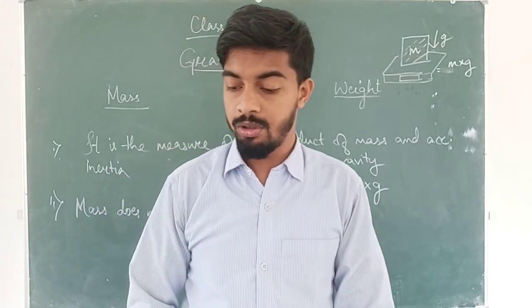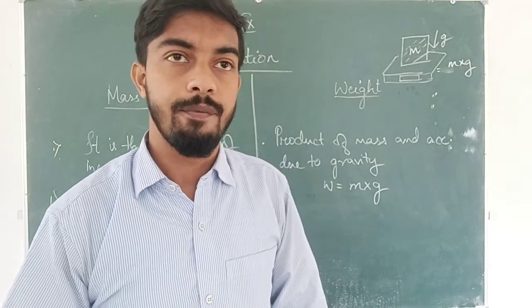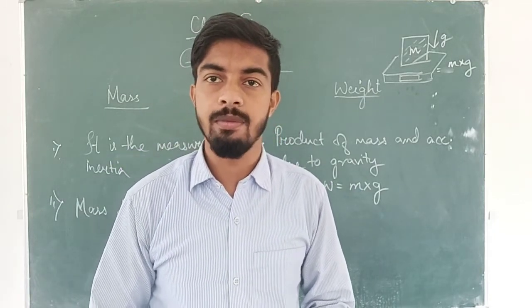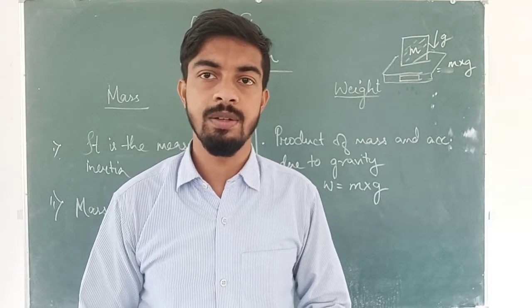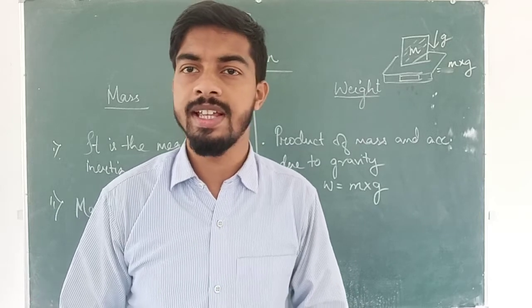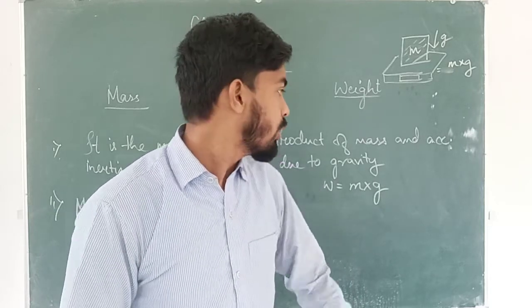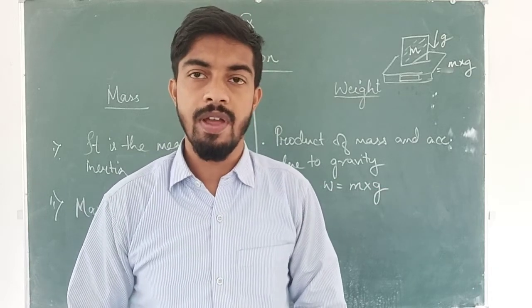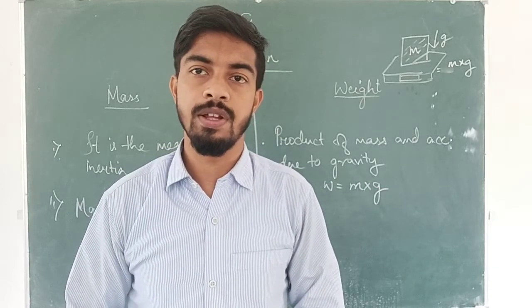Like I told you previously, the value of small g, acceleration due to gravity, can fluctuate. Basically it is 9.8, but in some places it can be more than 9.8 or less than 9.8. So if the value of g changes, then the weight will also change. The value of g also changes for different places.